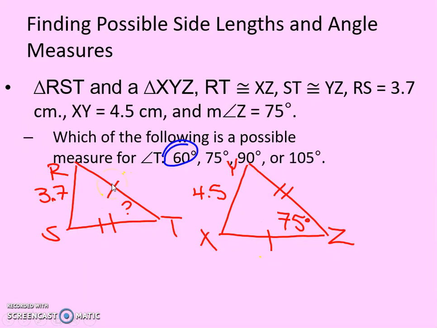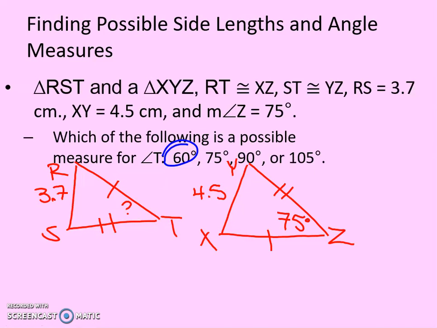So make a mark, one line. And then ST is congruent to YZ. So make 2 marks. And then 3.7 is right here, RS. So you really have to label RST, XYZ in order to get this right, okay? So 3.7, and then XY is 4.5, and then angle Z is 75 degrees. You can pause the video and do this, okay?